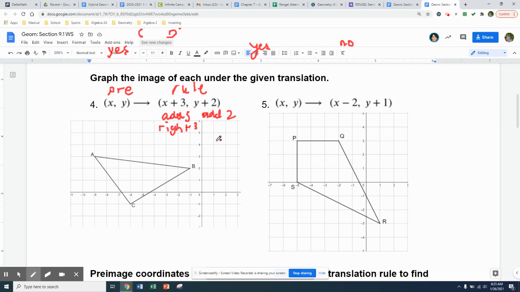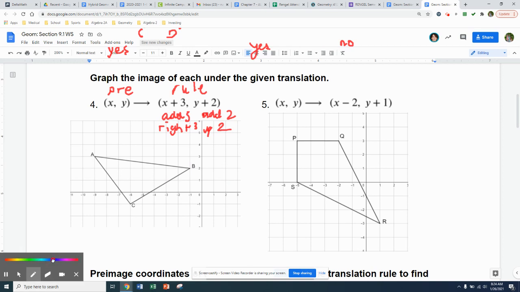When you're going down, your y's are decreasing. That's going to mean that we are going up 2. So those x plus 3, y plus 2, they're telling us what to do to the x and y coordinate, but it's also communicating that a plus 3 on my x-axis means move that to the right 3, or I guess if you're looking at me, move that way 3. Up 2 is going to mean you're moving your figure up 2. So we're going to take each of our points and move it to the right 3, and move it up 2.